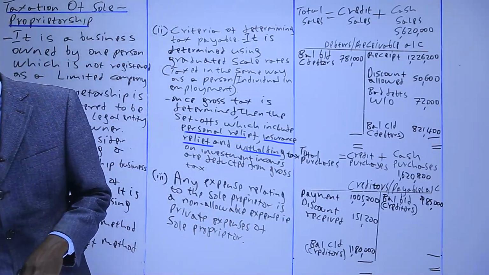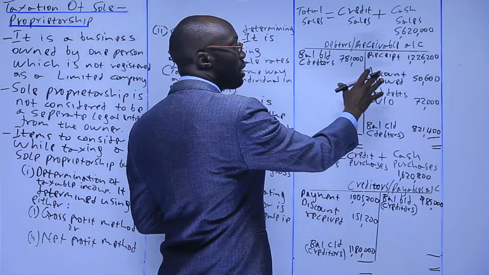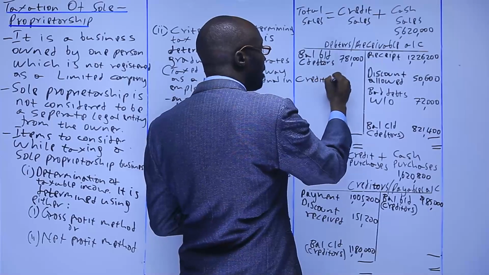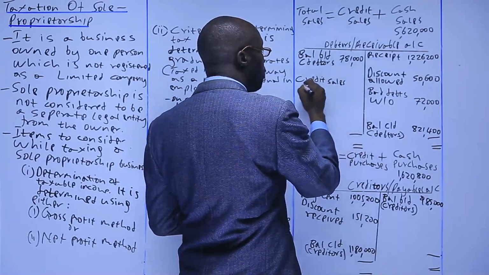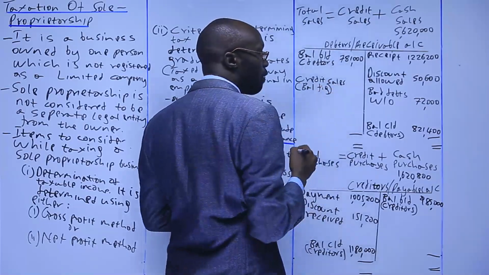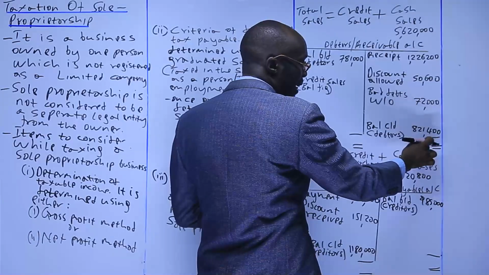Now what you do is to do the summation. Now we start with the debtors or receivable account. We want to know how much was the credit sales, which is supposed to be the balancing figure. How do you do that? Take the totals on this side and write them here.